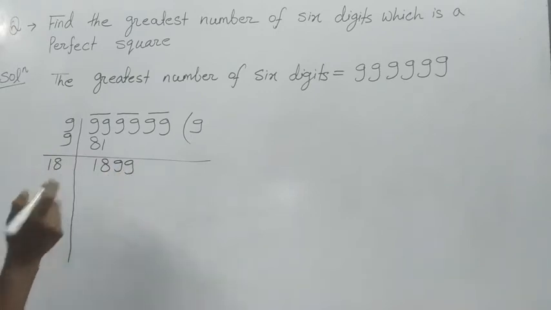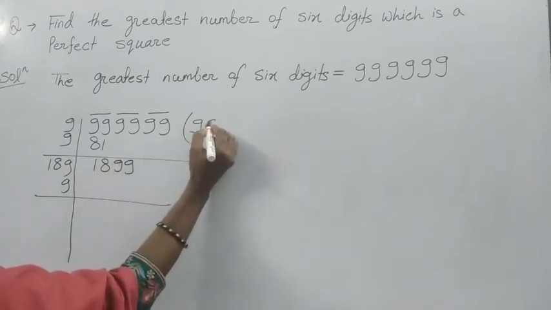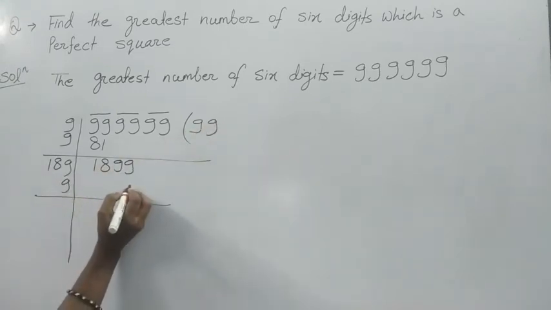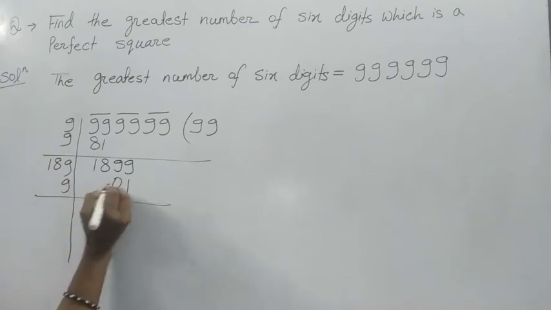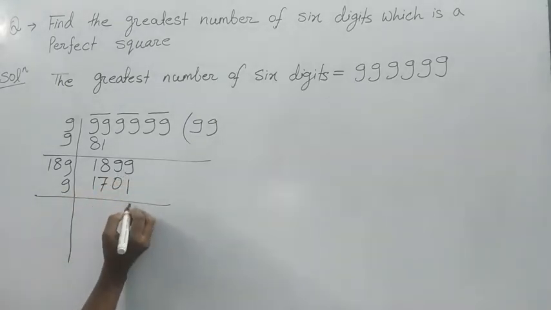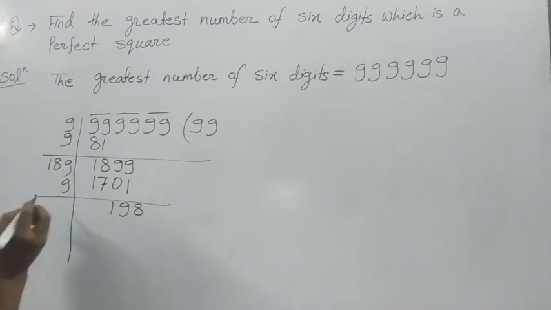Now again we use 9 and write 9 here and multiply. So after multiplication we get 1701. Now subtract, 891.